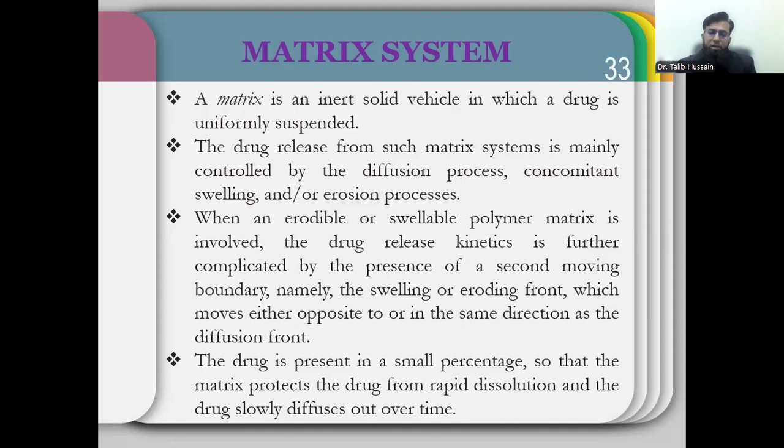These fronts move in the opposite direction or in the same direction. In both cases, it will result in a different rate of diffusion. So the drug will depend on the swollen front, eroding front, or the diffusion front that has developed. These fronts will demonstrate how the drug will be removed from the matrix system.